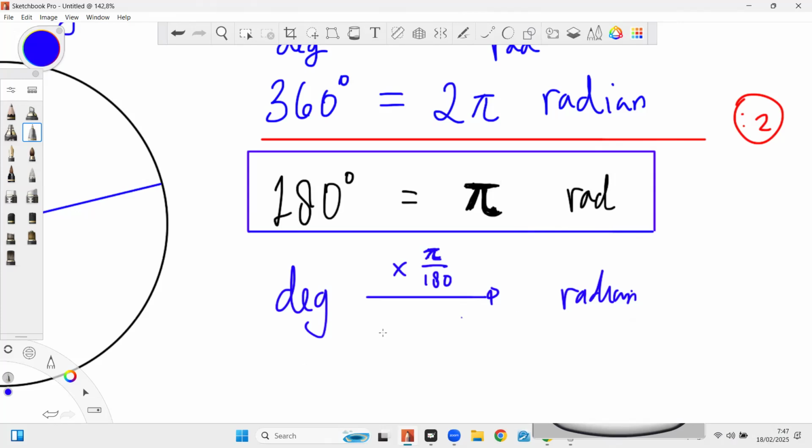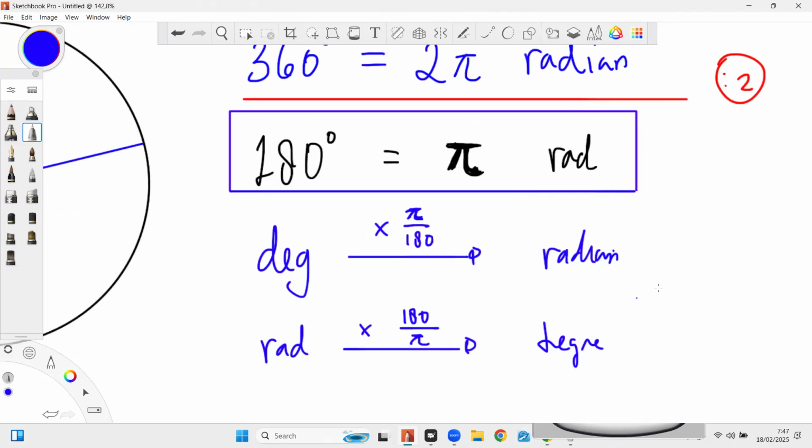Or vice versa. If I want to go from radian to degree, you multiply by 180 over pi. That's it. I think that's all that you need to do. Okay, from degree to radian, you multiply by pi over 180. From radian to degree, you multiply by 180 over pi.